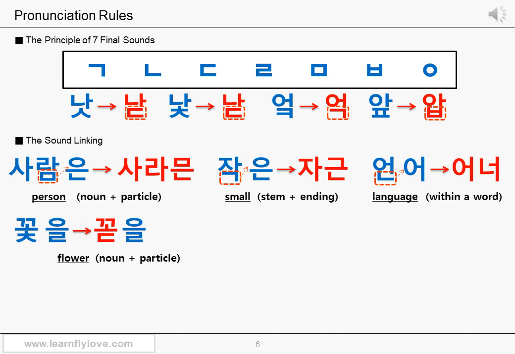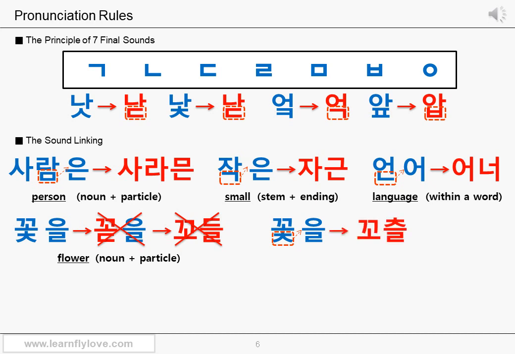Then it was supposed to sound 꽃을, but that's no-no. The sound linking rule happens first, before the principle of 7 final sounds is applied. Therefore, 꽃을 should be read 꽃을, without applying the 7 final sounds rule, okay? Yes, there are exceptions, but let's not talk about it here. It will make you want to kill yourself.